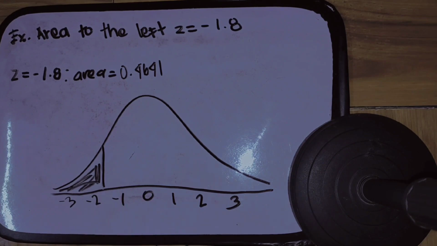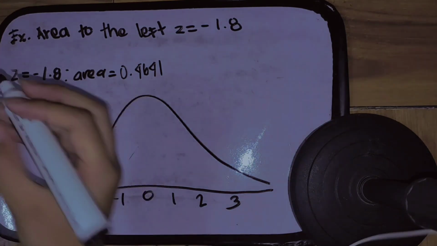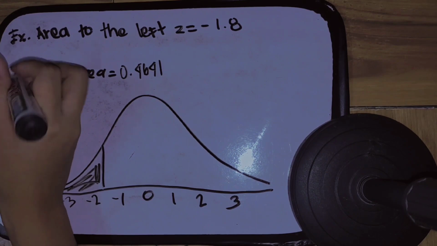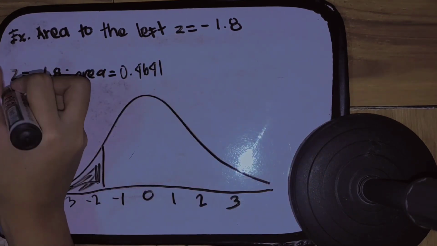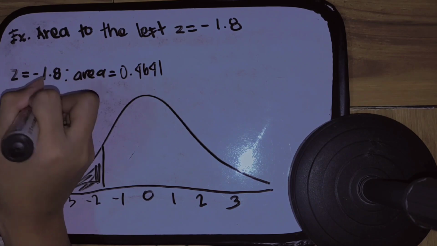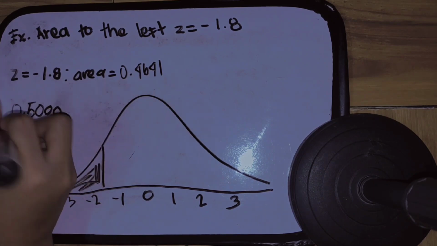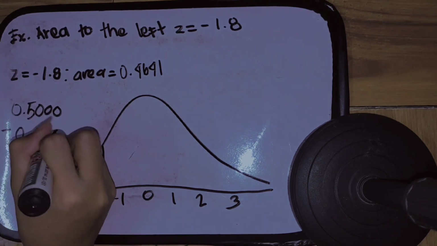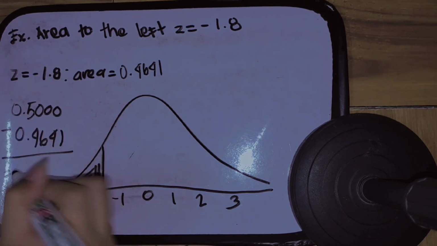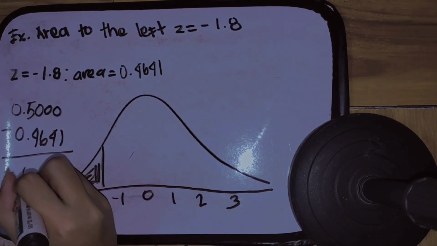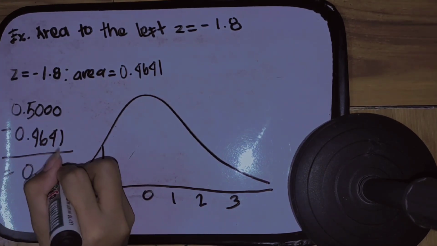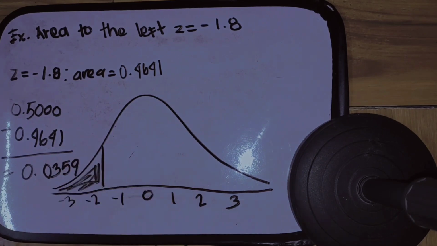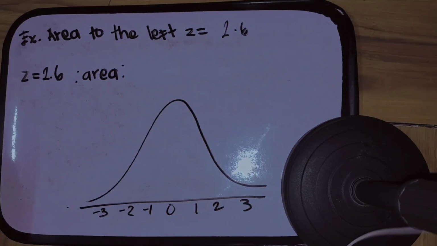Since to the left, ibabawas natin ang 0.5 na side. So, 0.5000 minus 0.4641 equals 0.0359.